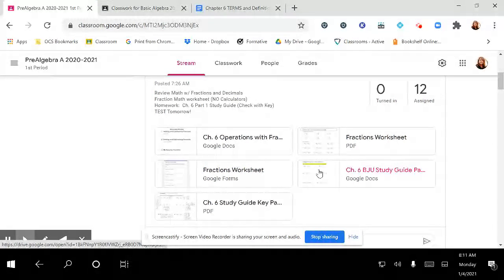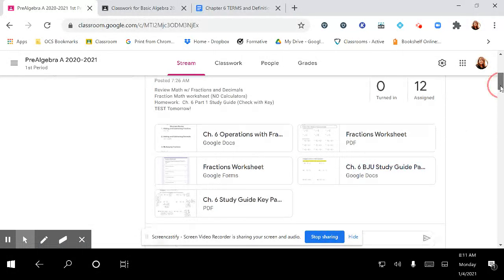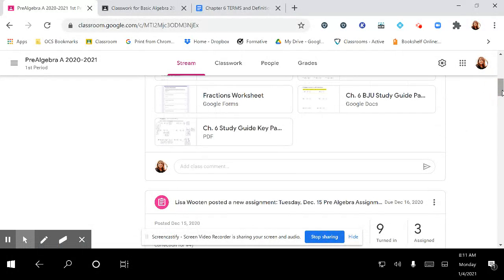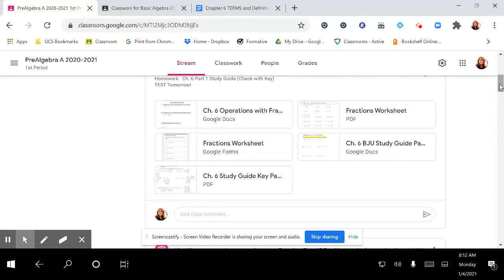But for the study guide, what do I usually do for a study guide, guys? Do I have a Google form? I have a key. And you see here on Google Classroom, there is a key for the study guide, okay? So after you do the study guide, you need to check yours with the key, okay? It's not as long a study guide as you would normally see because we're breaking this Chapter 6 test up into 2 parts, okay?